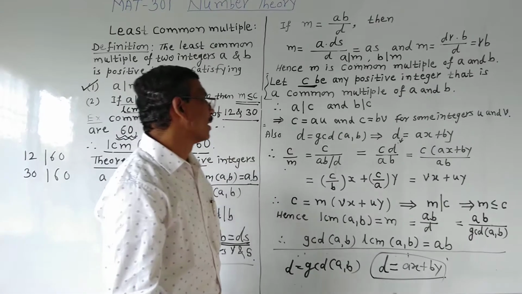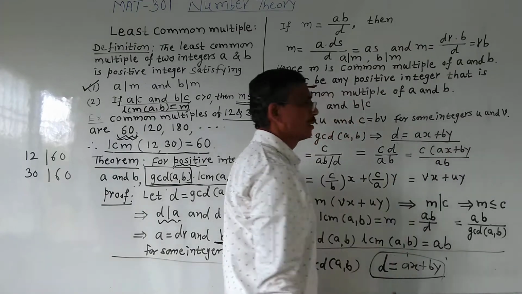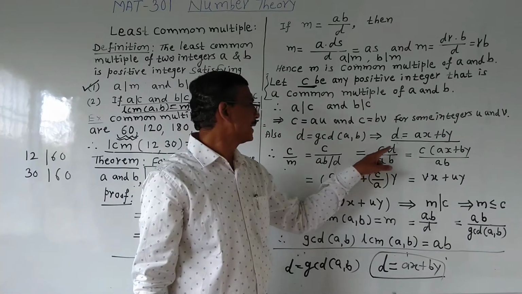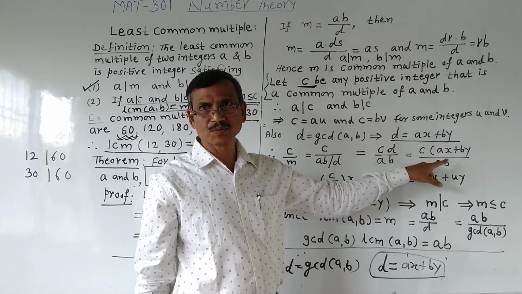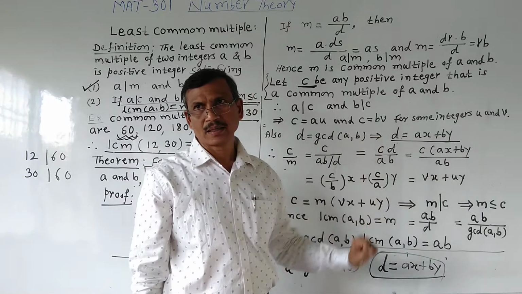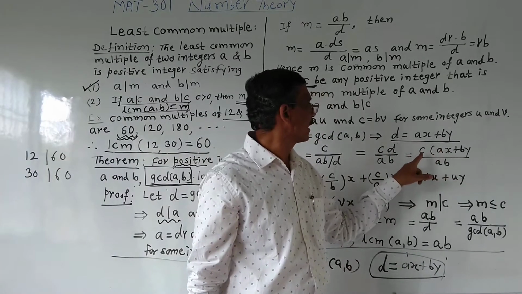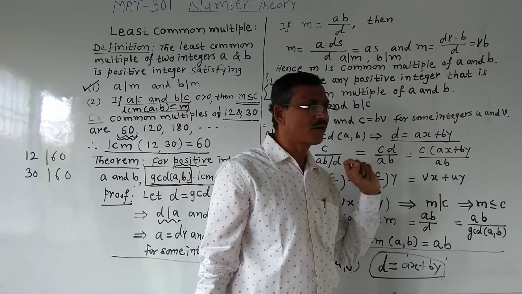But the value of d is ax plus by. Means cd upon ab can be written as c into (ax plus by) upon ab. Then multiply by c here, it can be written as acx plus bcy upon ab.